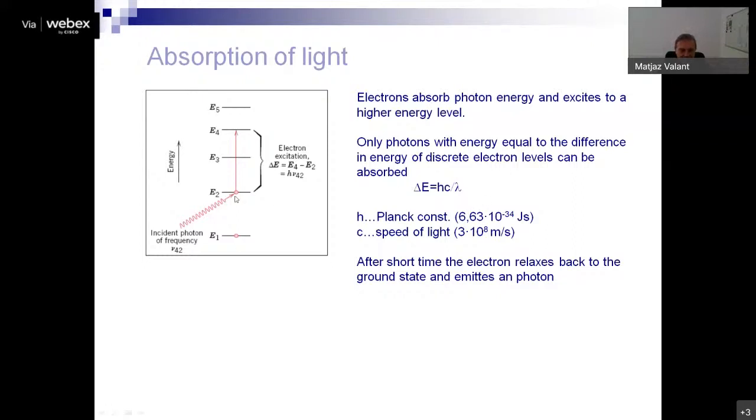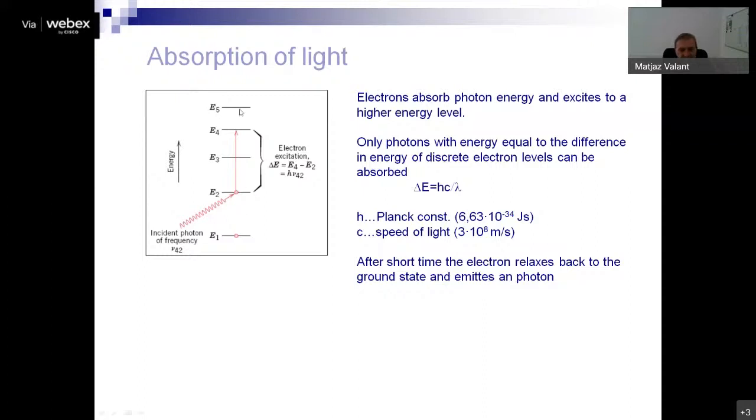Now, okay, that is absorption of light. But what happens next? Would this electron just sit there on the high energy level, or does something happen with it? Actually, after a very short time, normally, but these times can also be quite long, this electron relaxes back to the ground state, and during this process, a photon is emitted.